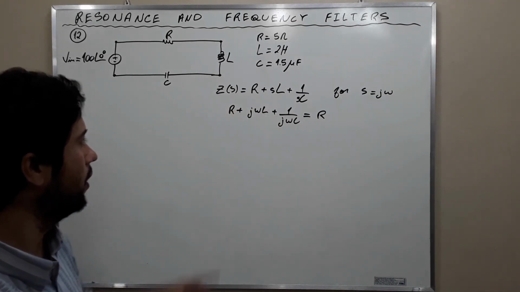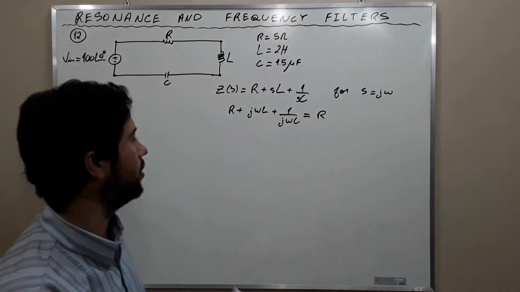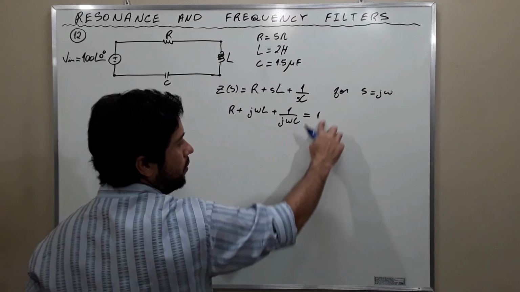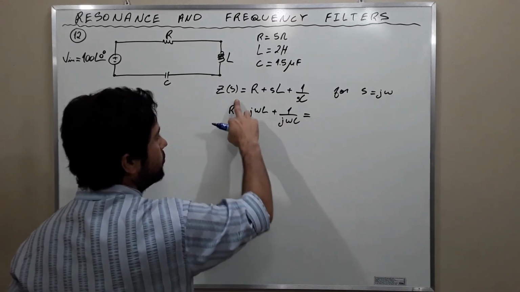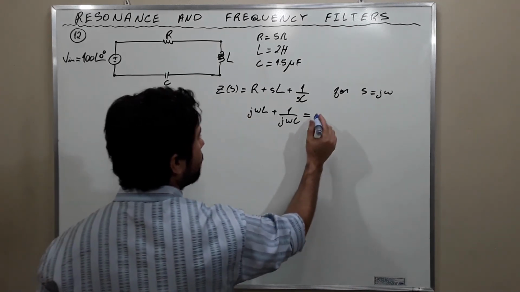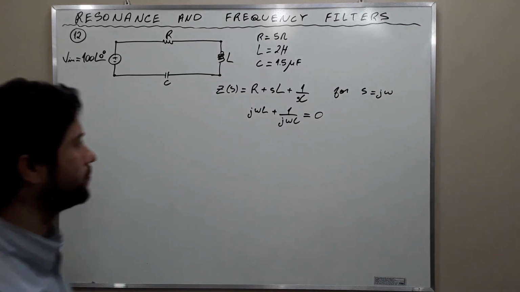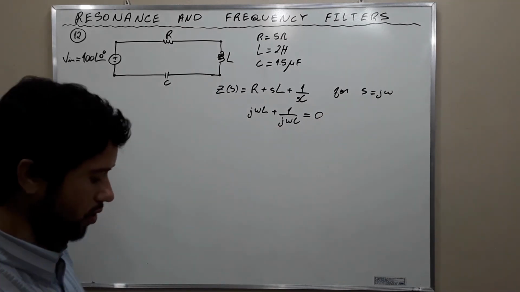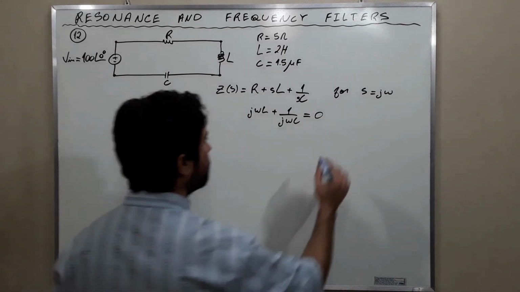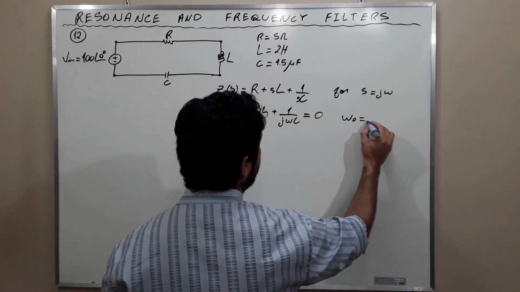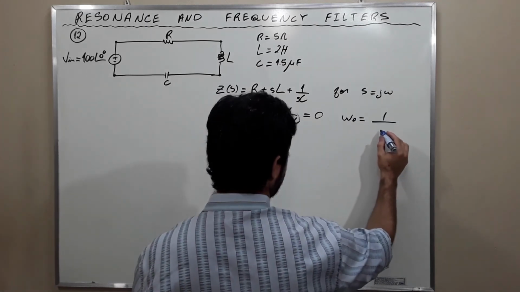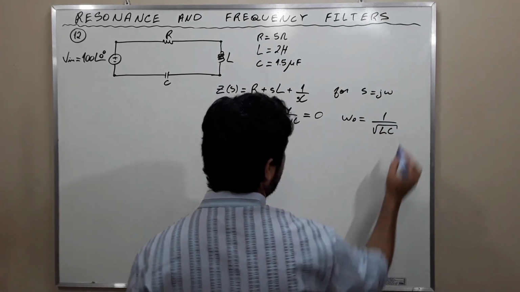Okay? If this is equal to this, then we can pass this to this and this becomes 0. Okay? This becomes 0. When this plus this is equal to 0, the frequency is 1 over the square root of LC.